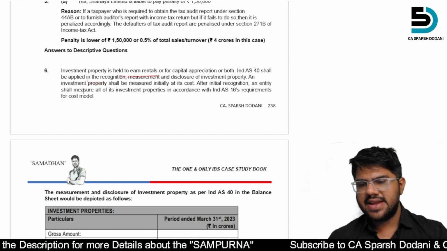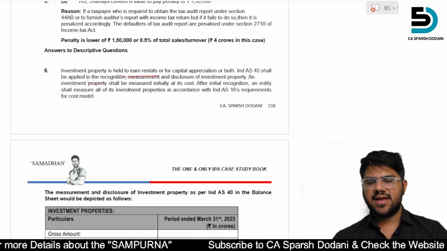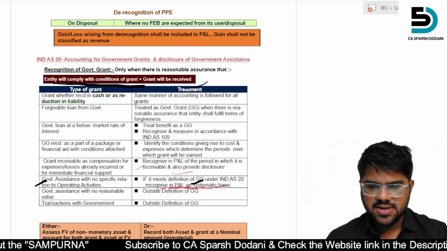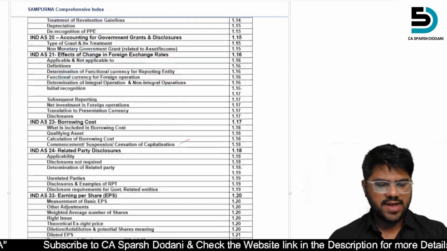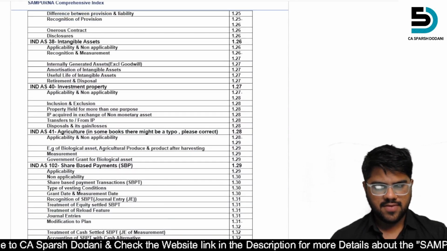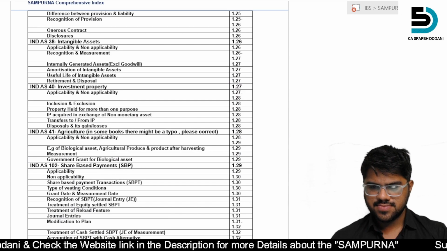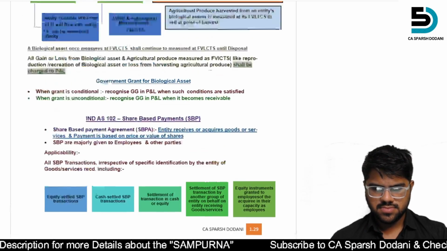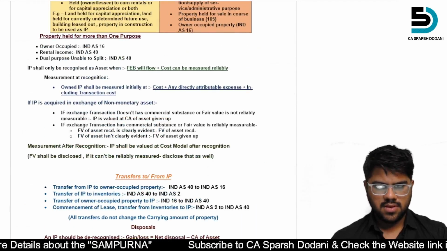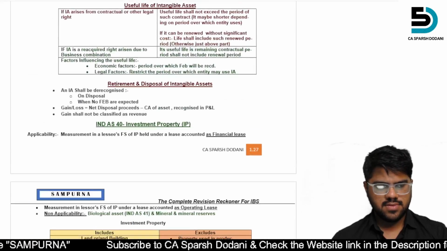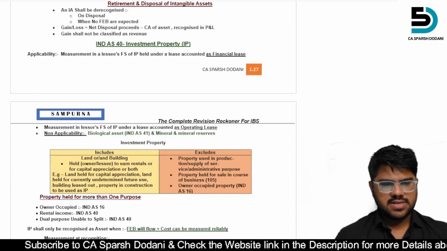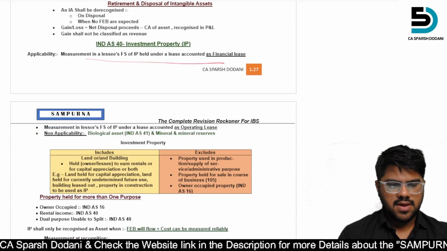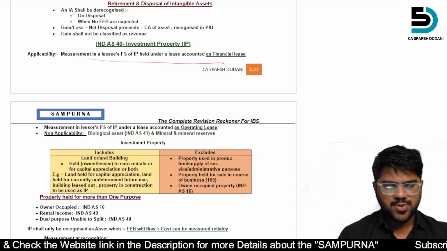And as per Ind AS 40, let us check the recognition and measurement. Ind AS 40, 1.27. It includes land and building held to earn rental.